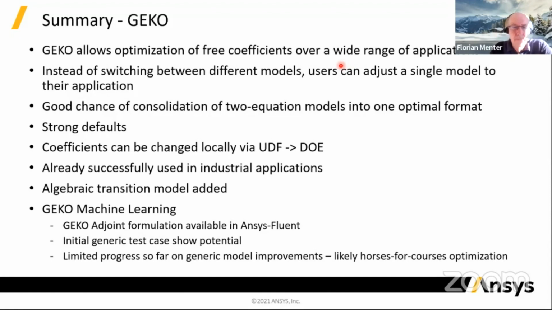Okay. So Florian, while some questions come in the chat box, one question I have is, did you explore these GEKO models in rotostatic cavities? I'm particularly from a turbomachinery background, so did you try? No, our colleagues in the turbomachinery group are starting to explore what they can do with these models.